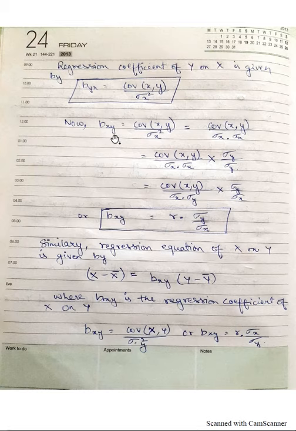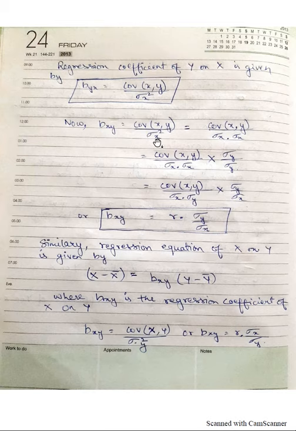Alternatively, since now we know this formula, byx, that is the regression coefficient of y on x, is equal to covariance of x comma y divided by variance of x.